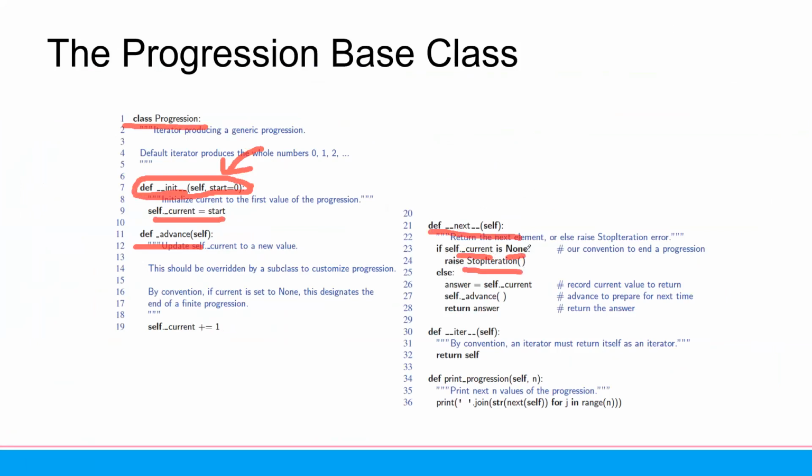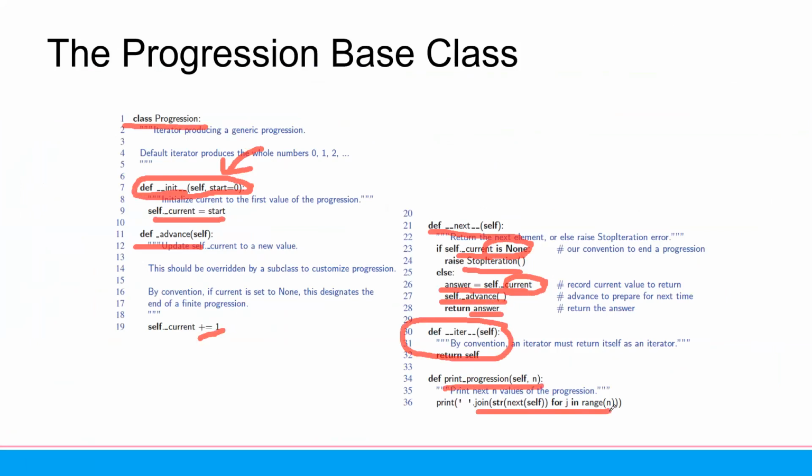And if it is not None, then the answer is the current. We will go to advance, which means we add 1 and then return the answer. You already know about iteration. We will go to the next and we can print the progression.